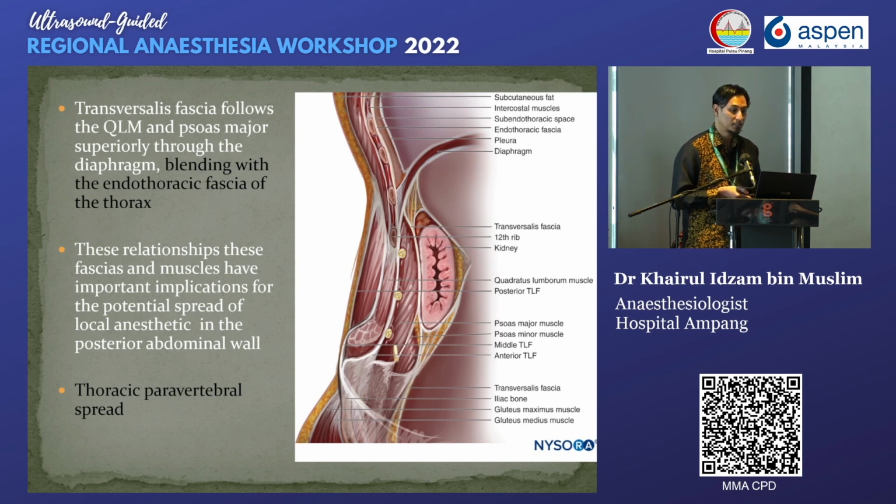This transversalis fascia follows the QL muscle and psoas major superiorly through the diaphragm, blending with the endothoracic fascia of the thorax. This relationship of these fascias and muscles has important implications for the potential spread of the local anesthetic in the posterior abdominal wall. So the QL block can also spread to the paravertebral space.